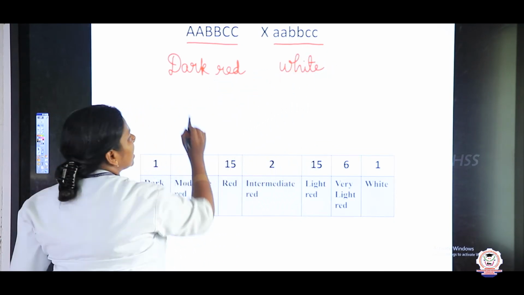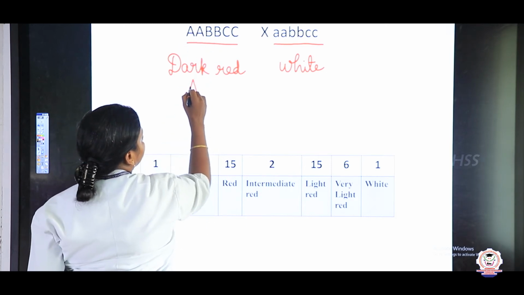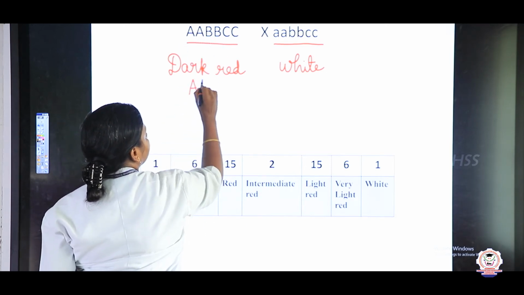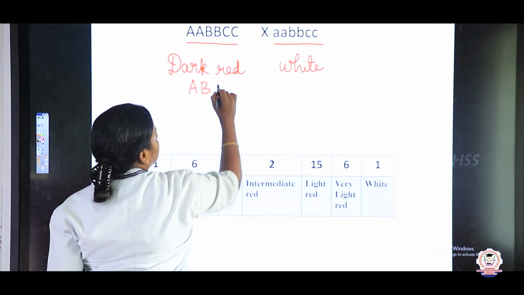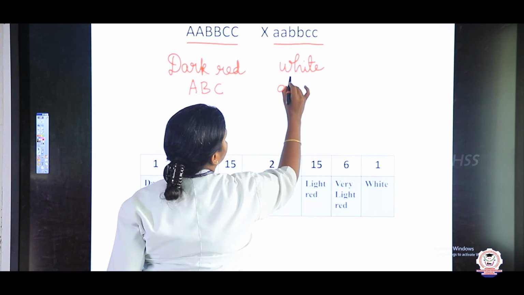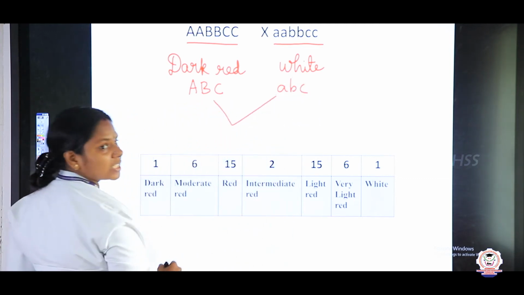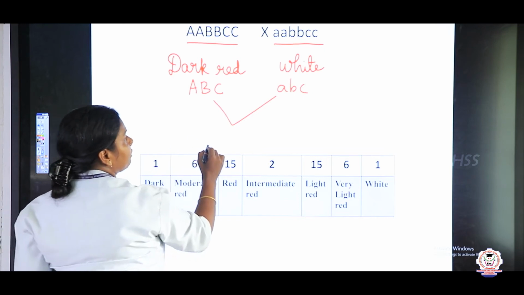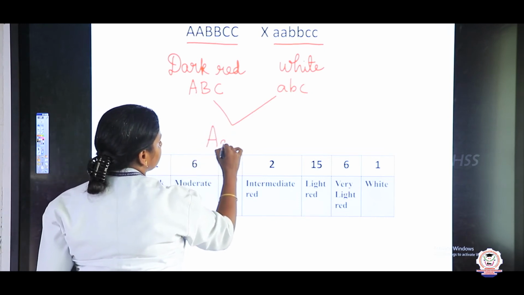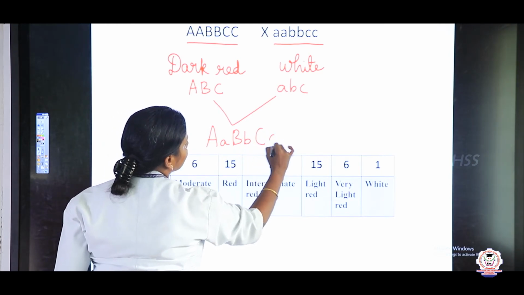When they both were crossed, what will be the alleles you get from this, children? Capital A, then capital B, capital C, you get 1 C. This is the gametes formed from this, and from this you get small a, small b and small c. So when they both were crossed, what do we get in F1? That is capital A, small a, capital B, small b, capital C, small c.